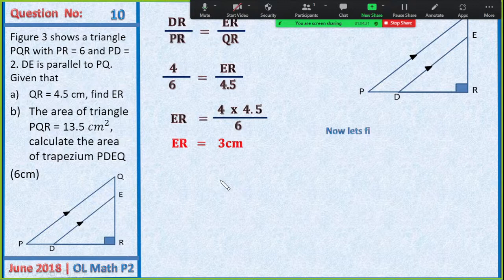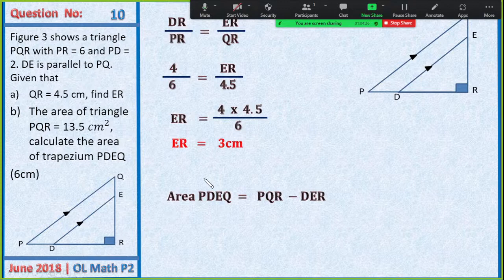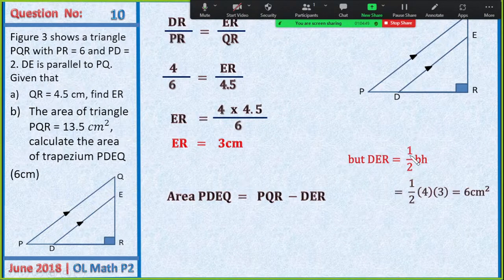So that will be the area of the big triangle PQR minus the area of the small triangle DER. The small one DER is 6 centimeters squared, and the big one is 13.5. So 13.5 minus 6 gives us 7.5 centimeters squared.